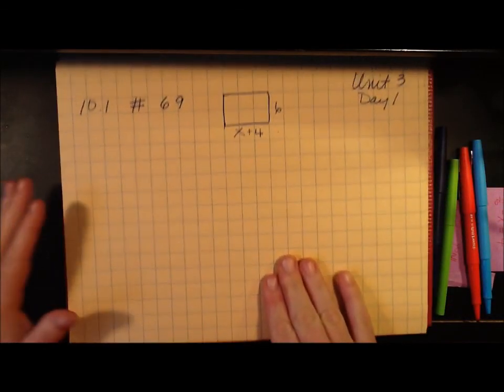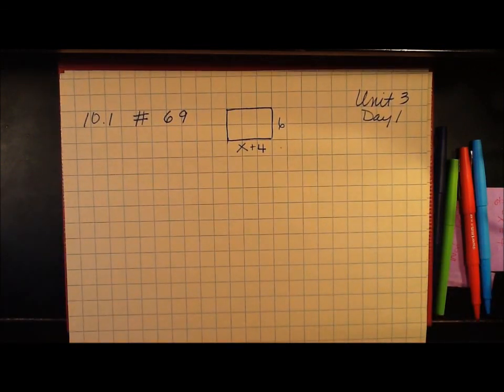And here's a good example of why variables are so handy. In this case, we are asked to find the perimeter of this problem.